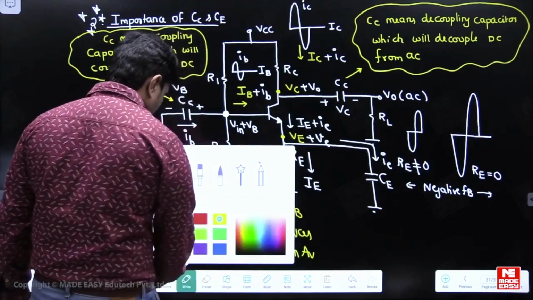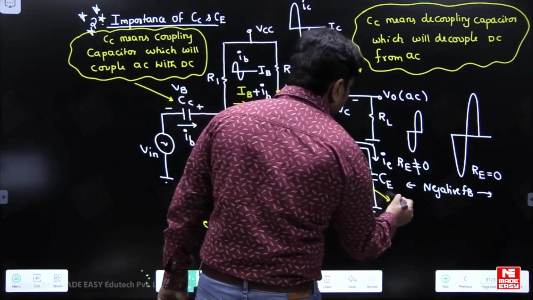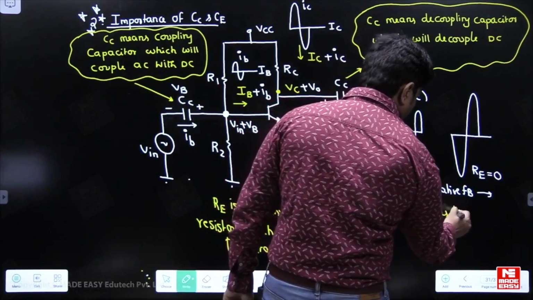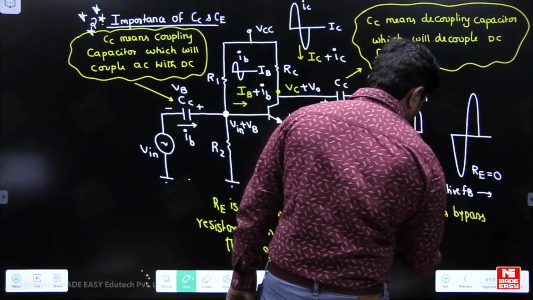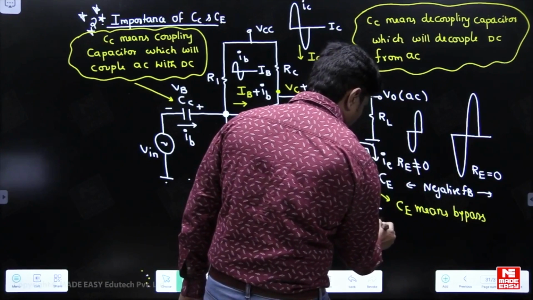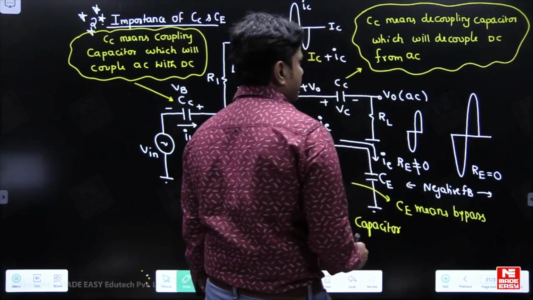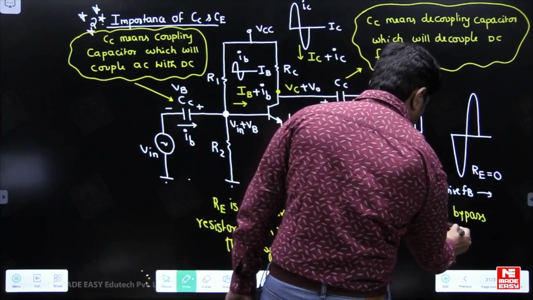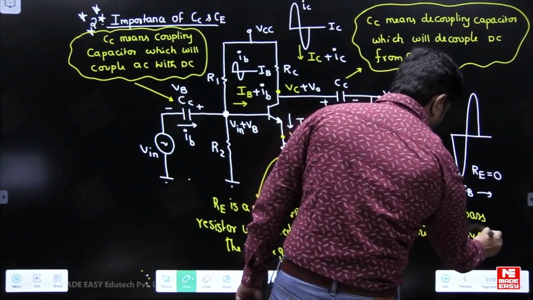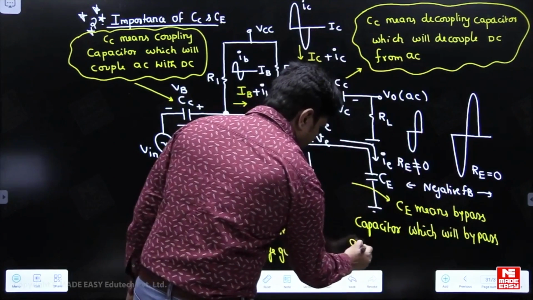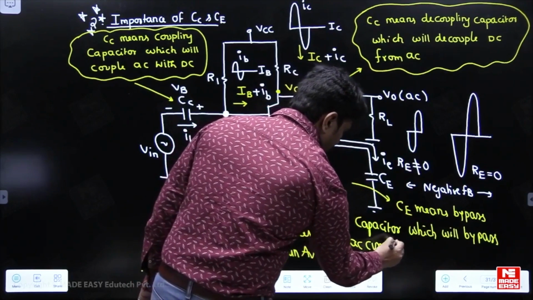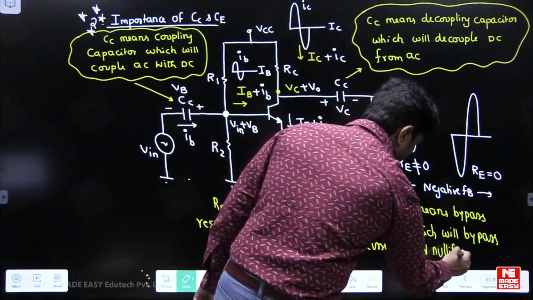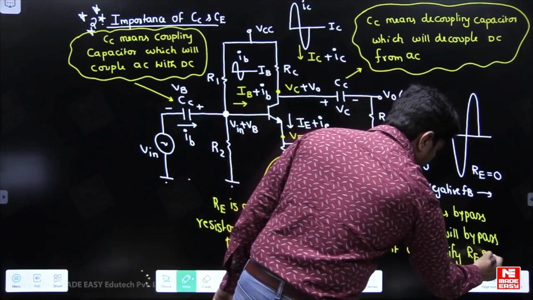So I can write here a point. CE means bypass capacitor, which will bypass AC current and nullify RE effect.